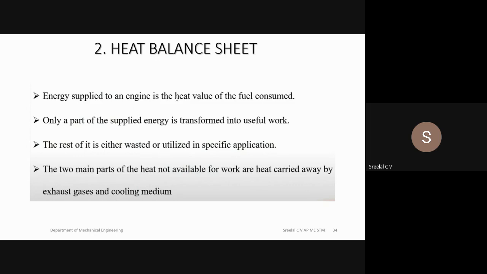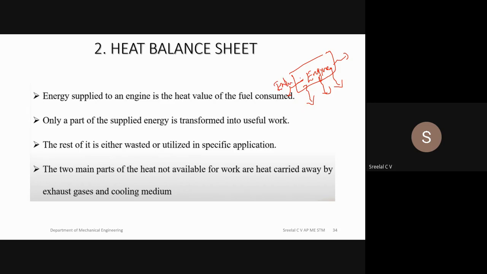For example, consider this as an engine. There will be many losses of that heat energy, like exhaust, and so on. We will be discussing those.